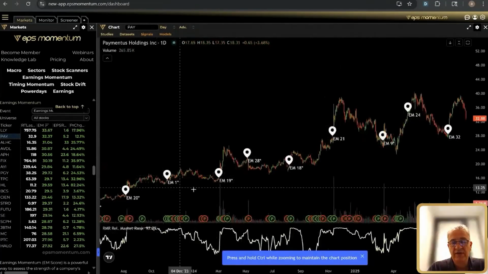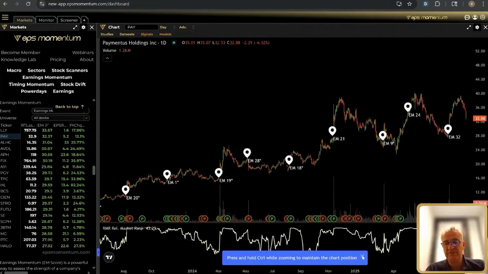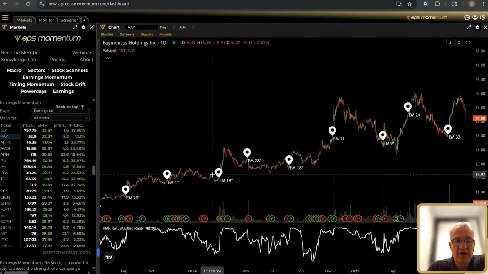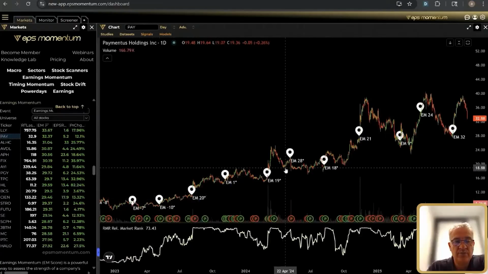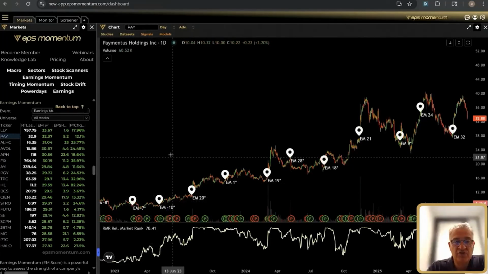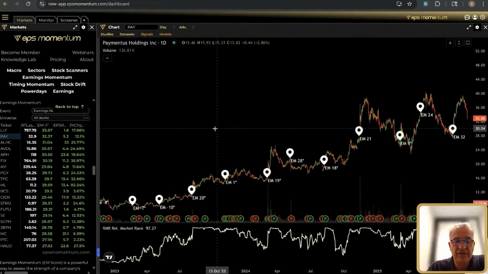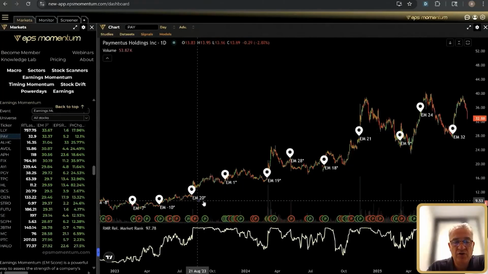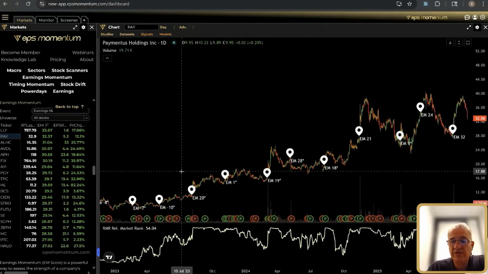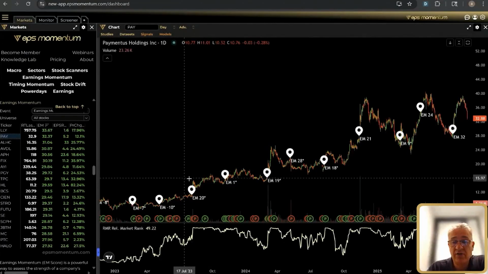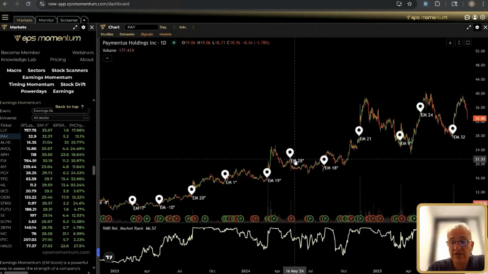If you look at that EM score, you have an EM that fluctuates, that goes from plus 50 to minus 50. That EM score, when it's positive, is always a good sign, and it's better than negative, of course. When it's greater than 10, it's great. When it's greater than 20, it's absolutely extraordinary, and above, it's a unique stock.